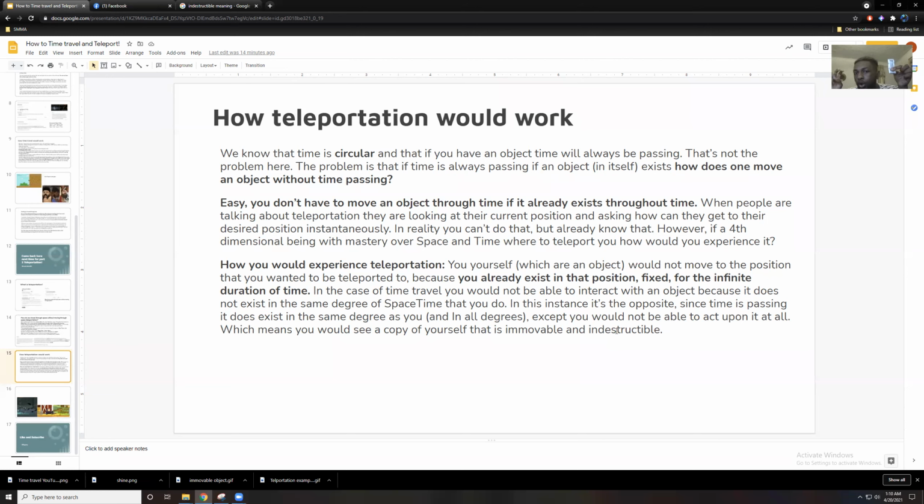It wouldn't be floating in space, because technically it's not floating. It is fixed in that position in space for all of eternity, which means a rock could hit it, and the rock is going to bounce right off of it, or the rock is going to get stuck on it, and then slowly over time roll around it, roll off of it.